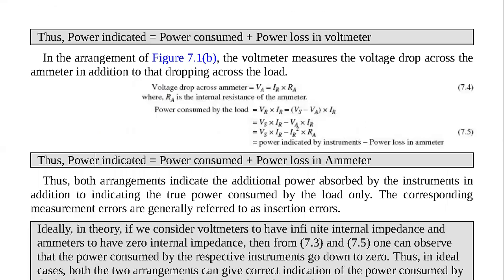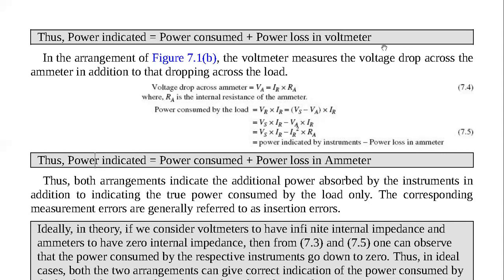So for figure 7.1b, the total power consumed by the load, or the power that we want to measure at the load, will be equal to the power indicated by the instrument minus the power loss in the ammeter. This is explained by equations 7.14 and 7.15. So with all that in mind, the power that is indicated equals the power that is consumed plus the power loss in the ammeter.